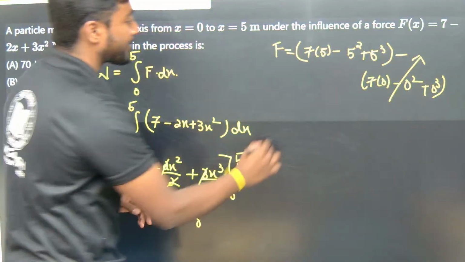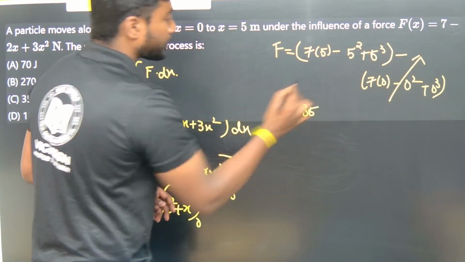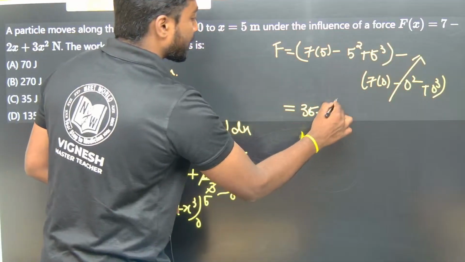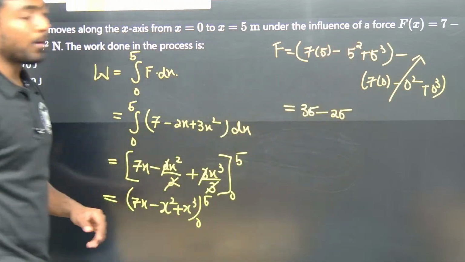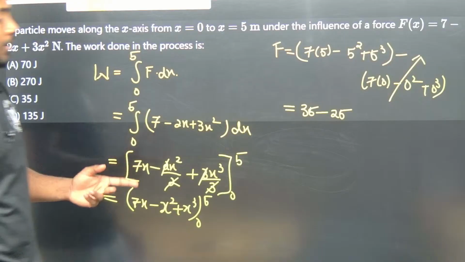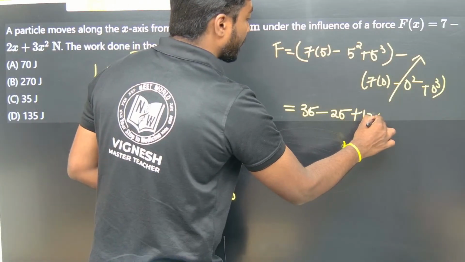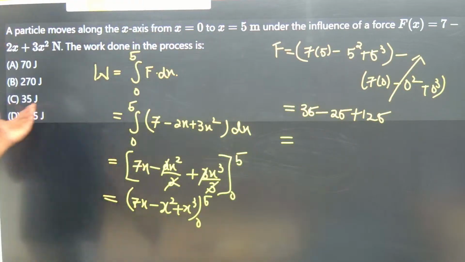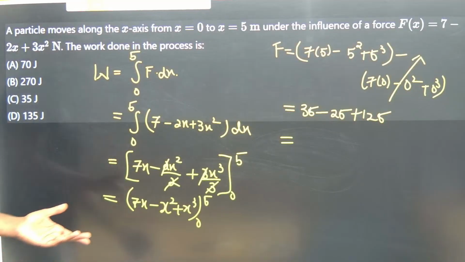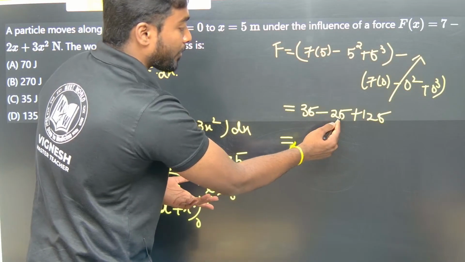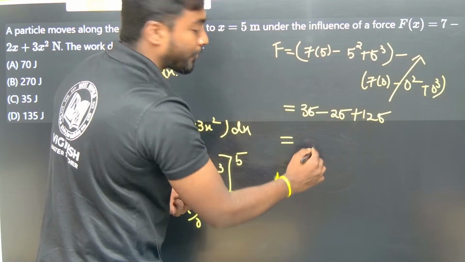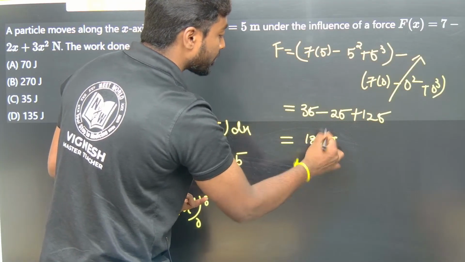So 35 minus 25, and 5 cube is 5, 5 is 25, 25, 5 is 125, so plus 125. If I add this, I will get the answer. 35 minus 25 is 10, 10 plus 125 is 135 joules.